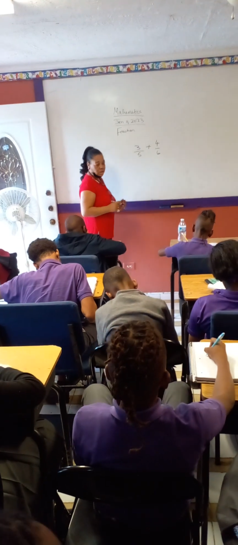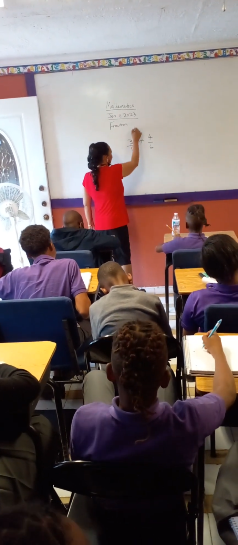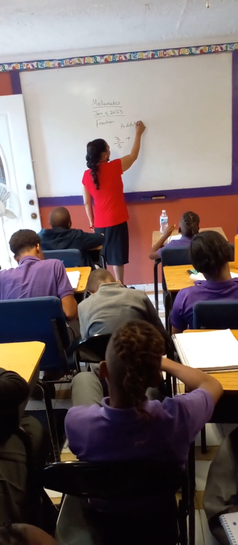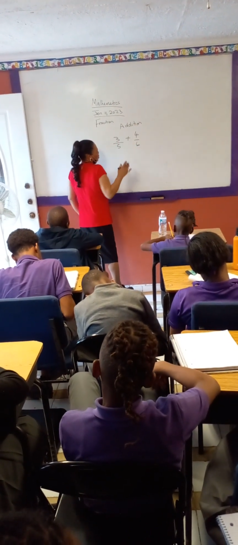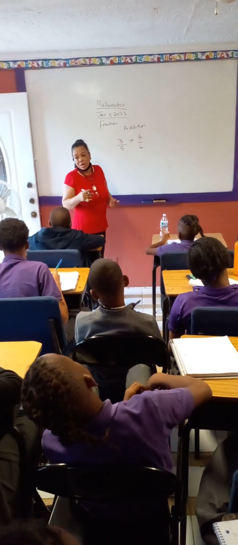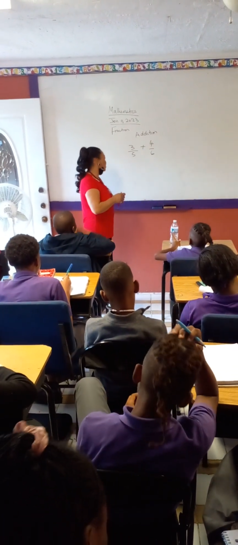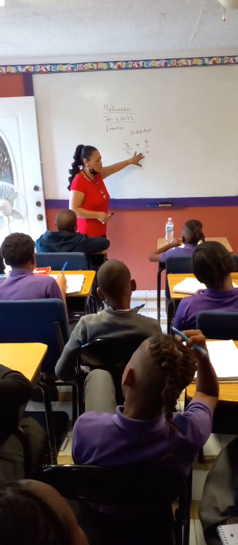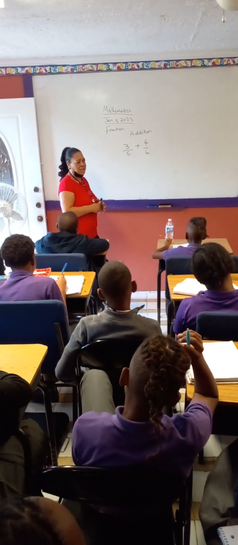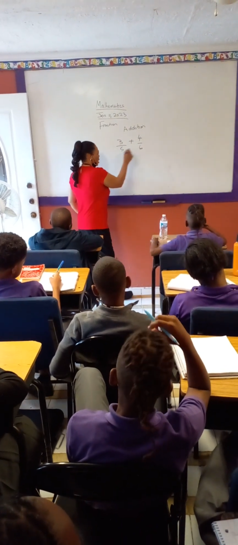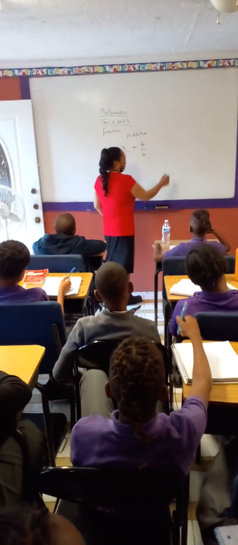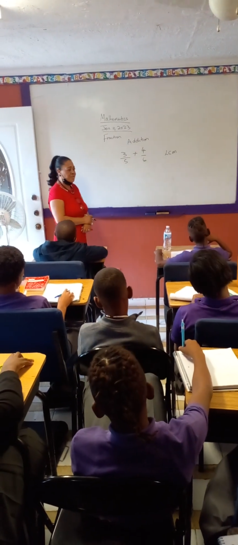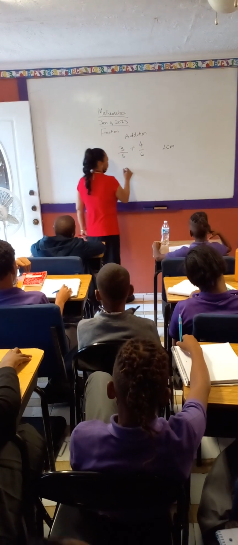This is addition. Now, what happens with addition of fraction? The same rule applies for addition or subtraction, except that we add for addition or we subtract for subtraction. What do I have to do when I have this? Yes, because the denominators, the bottom numbers, are different, I have to find the LCM of 5 and 6. What is the LCM of 5 and 6? 30.